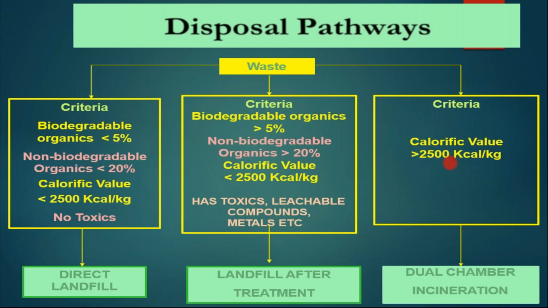If the calorific value is more than 2500 kilocalorie per kg, then that should be sent to the dual chamber incineration. So this is the double incineration operating at 800 to 1200 degrees Celsius temperature. So depending on the characteristics or the criteria of the waste, we have to send these types of waste to the appropriate treatment. So this is called the disposal pathway.